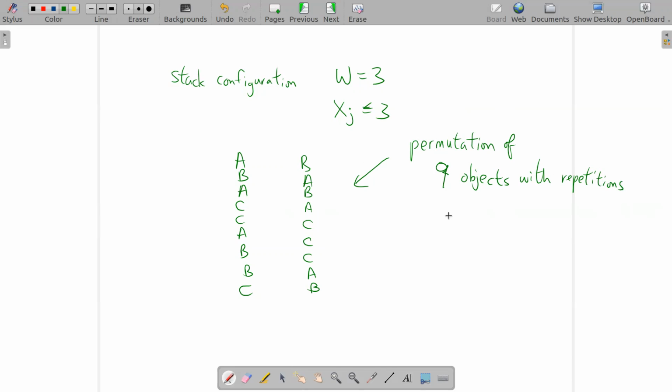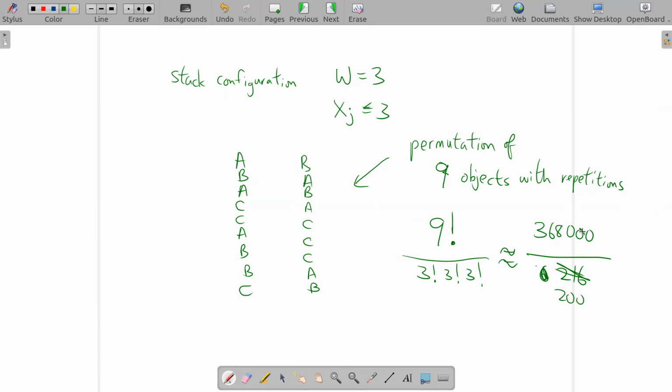So 9 factorial, but then divide by 3 factorial for each type because each of them can be repeated this many times. So this is roughly 3,608,000 or something like that, and then divide by 6 cubed. This is roughly 216, maybe it's exactly. So I'm just going to round it to 200.